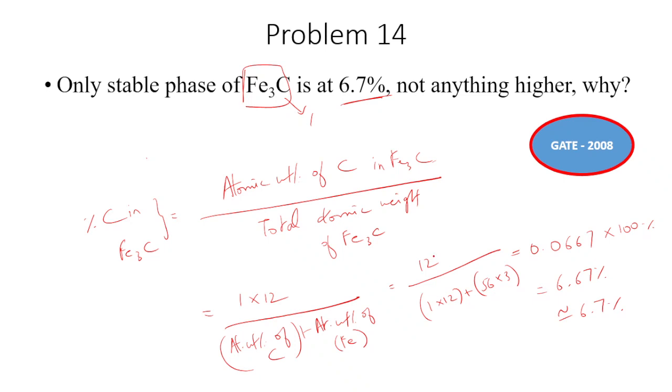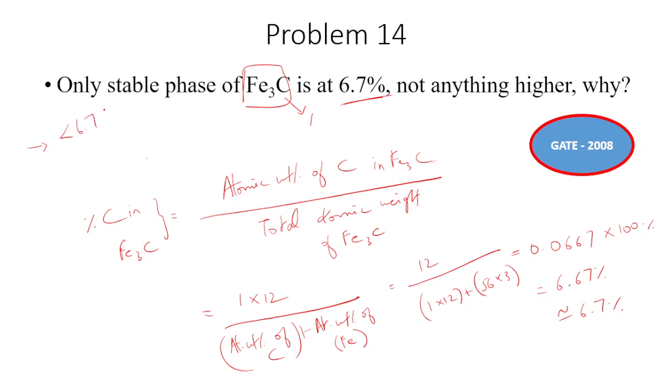So I hope this problem is clear. Lower than that is stable. Why? Lower than that is because it is able to properly mix, so it's not yet supersaturated.